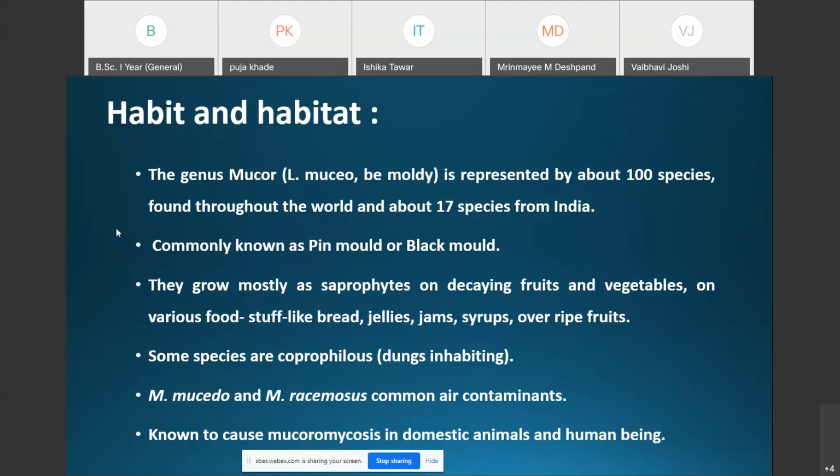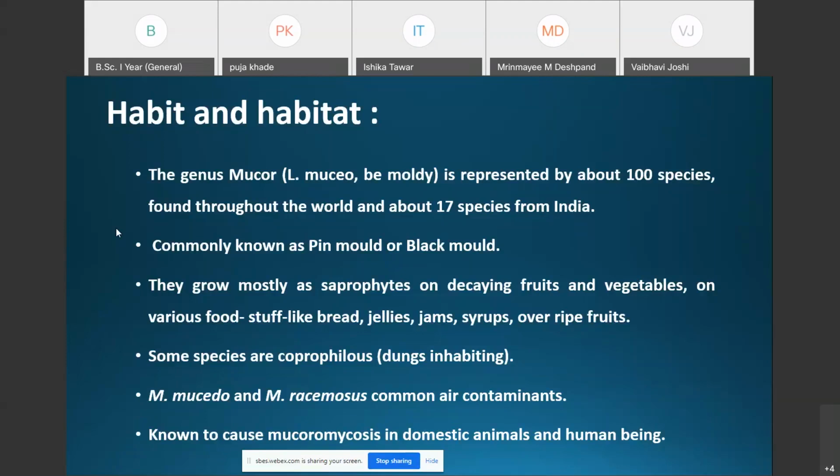The genus Mucor is the most common member of the family Mucoraceae.